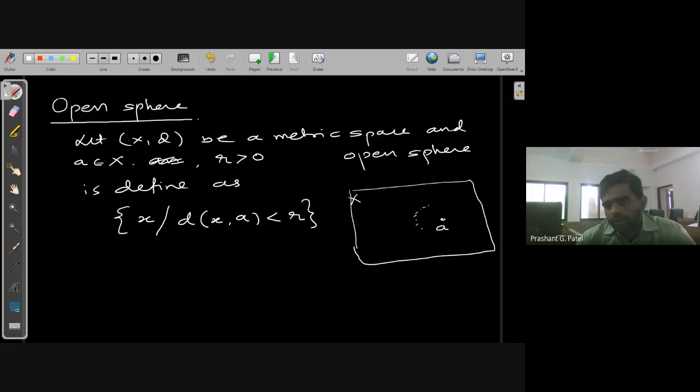So all those points which are inside this area, and this quantity we can say is r, and this is a. It is denoted by S_r(a). This is the notation for the open sphere.